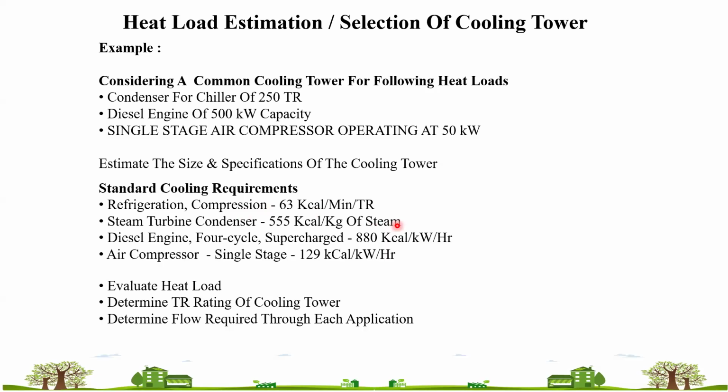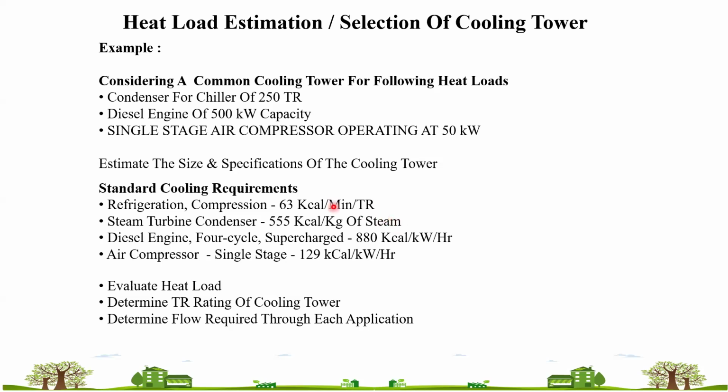Means if you have, let's say, 100 TR, that is 3024 into 100, about 3 lakh kcal chiller. So you need to calculate 3 lakh into 63, so around 180 lakhs is what you need for your cooling tower size.